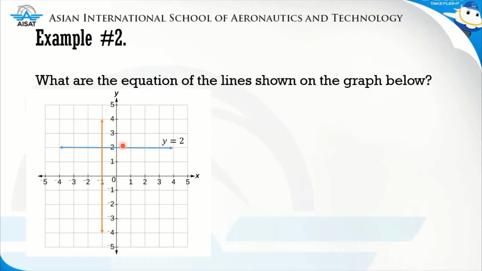So the equation of this line is y = 2. Now let's have the orange line. This is the vertical line that is to the left of the y-axis. Now if you have this line and it's 1 unit to the left of the y-axis, we know that the equation of this line is x = -1.